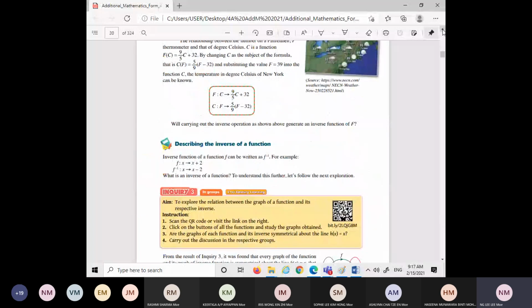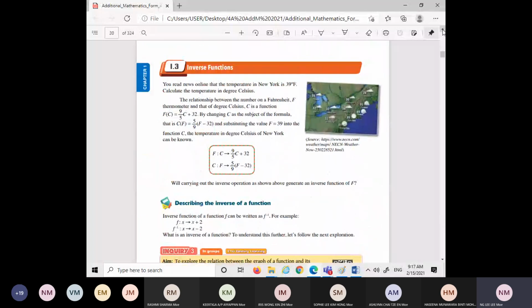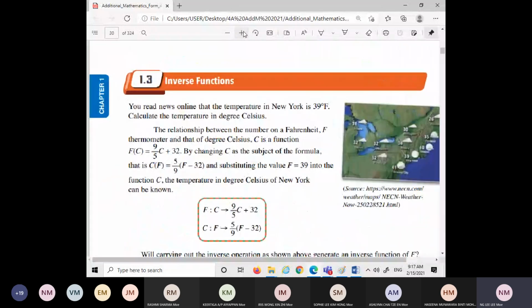Okay, this is the one. We're still using the same book, MS 1, because we are still inside chapter 1. Please write your index for today: inverse functions. Today is 15.